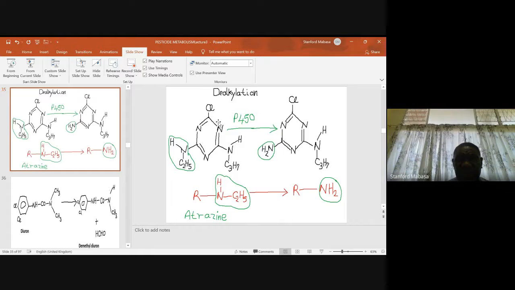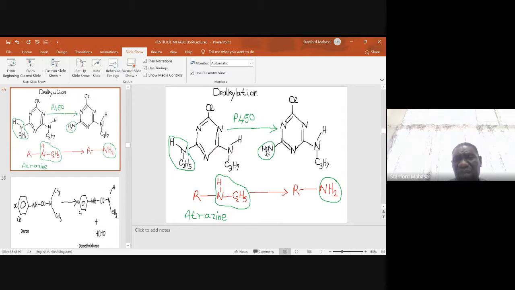This is the structure of atrazine where we are having this N, and we can convert this to an amine through probably cytochrome P450, although another enzyme is now known to facilitate this.